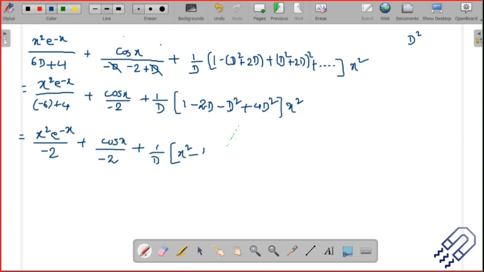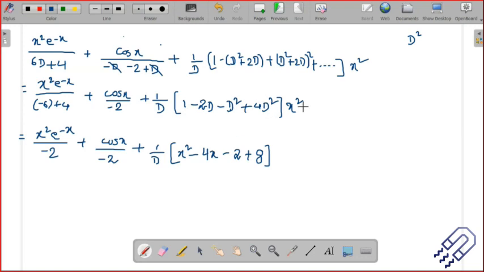So this will be 2 into 2, that is 4x, minus d square, so you take d dx of x square, which is 2x, and then you take d dx of 2x, which is just 2, left with 2, plus this is 4 times, and d square of x square is again 2, so it is 4 into 2, 8.